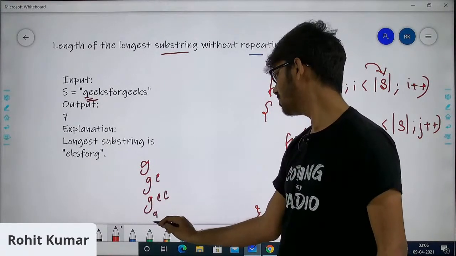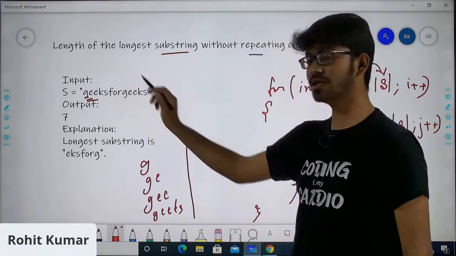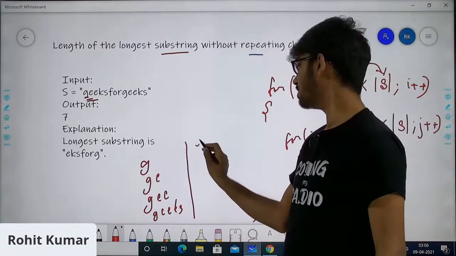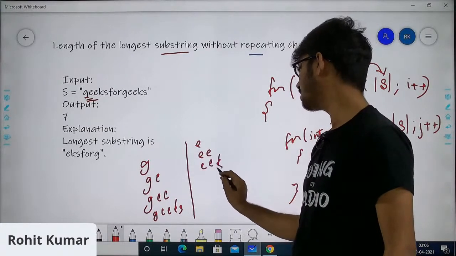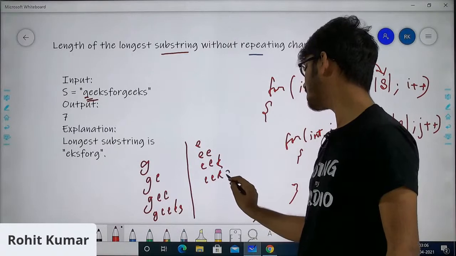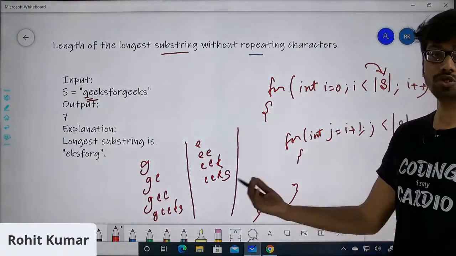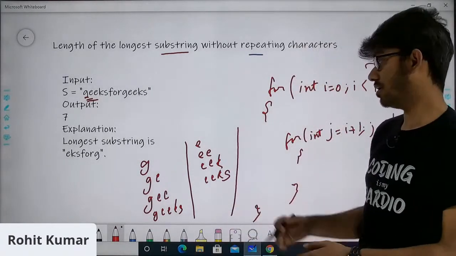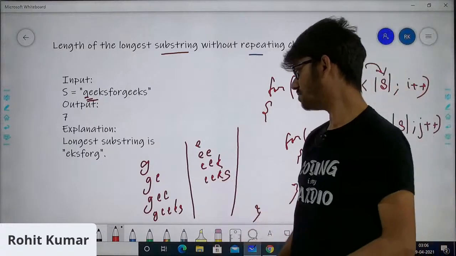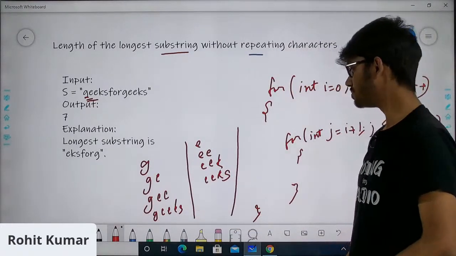Similarly, if I pick my second character, it is E. After that, it's EE, then it's EEK, then it's EEKS. These are all my substrings. Later on, I will look at which ones are distinct and which one I should consider. First, I'm just showing you how the pattern of substrings will look.